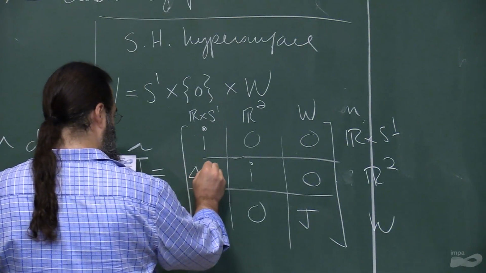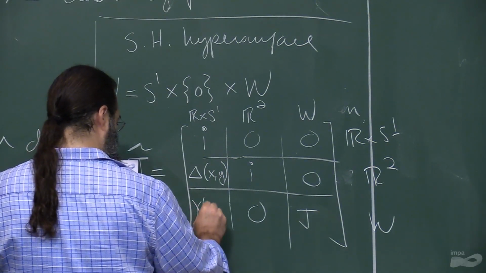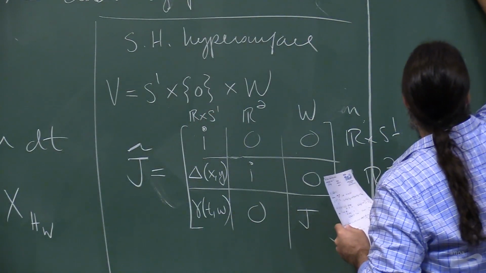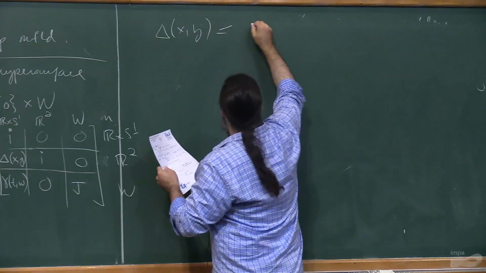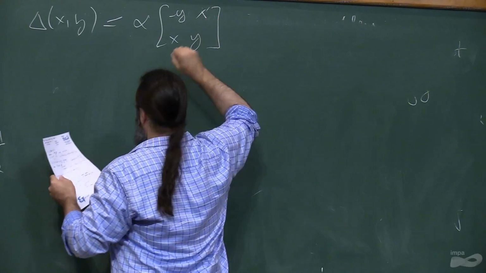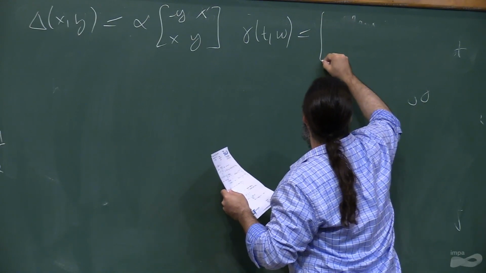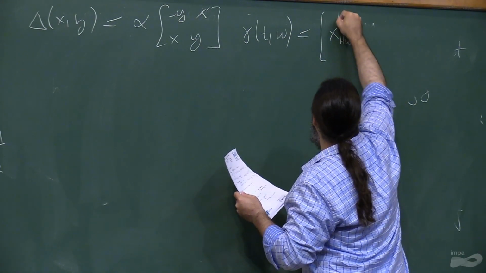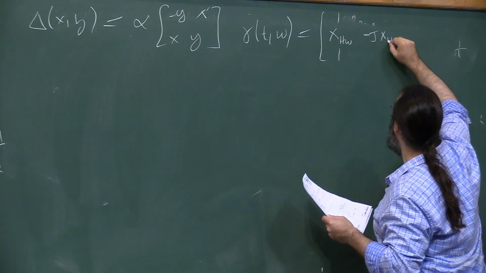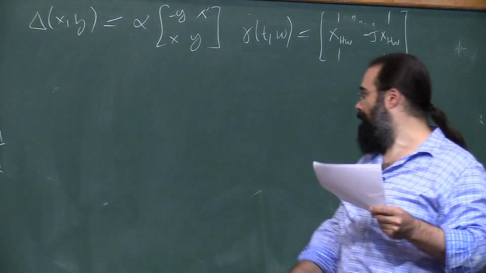I'm going to get a 2 by 2 matrix here on R2 and something else here where delta xy is this, and gamma down there, that piece there is the Hamiltonian vector field of the part of the Hamiltonian on W, and then minus J times that. Okay, this part is not so important for what's going to come up.